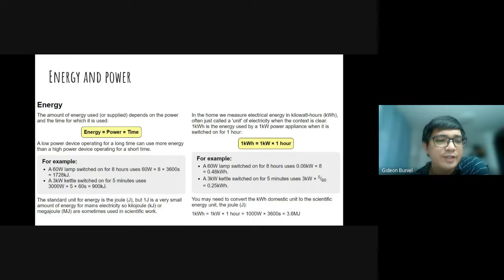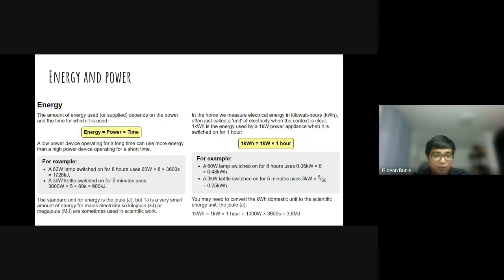For example, a 60-watt lamp switched on for 8 hours uses 60 watts times 8 times 3,600. We have 3,600 because in 1 hour we have 3,600 seconds.